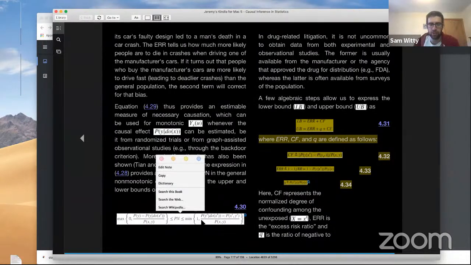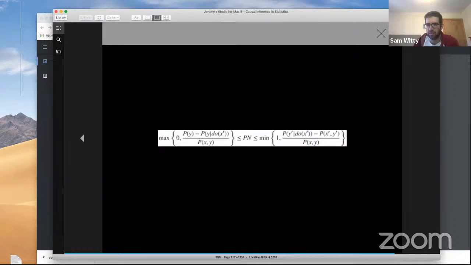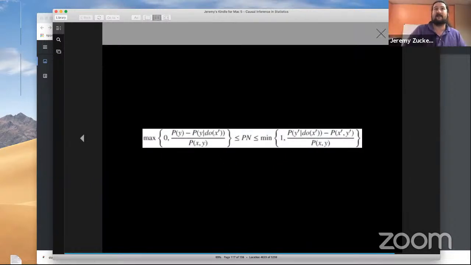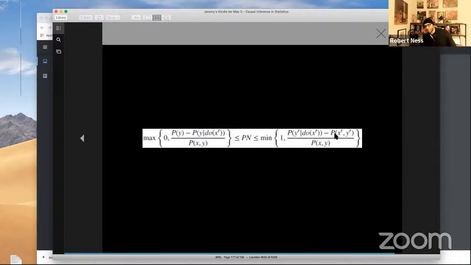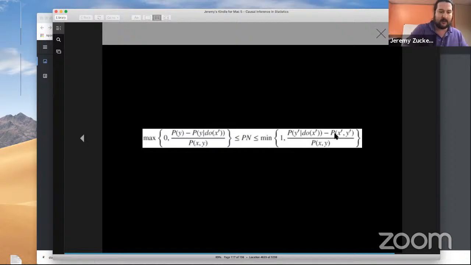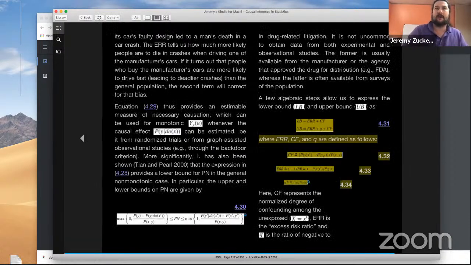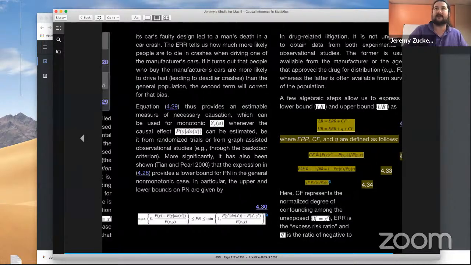Can we break down figure 2? Yes, I'm about ready to get there. Okay, great, thank you. So this is the upper bound and this is the lower bound, right? And I kind of think the lower bound is a typo. Well, okay, the lower bound is just the excess risk ratio plus the correction factor, and he talks about that right here.